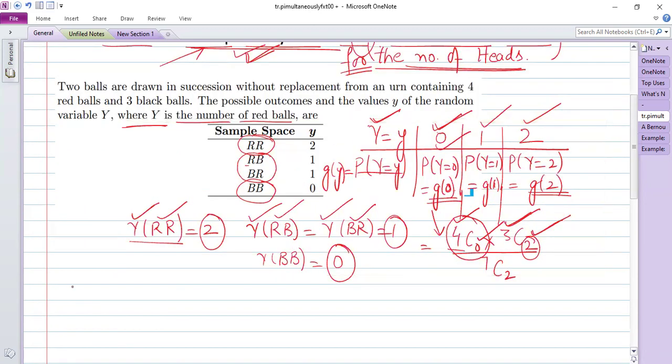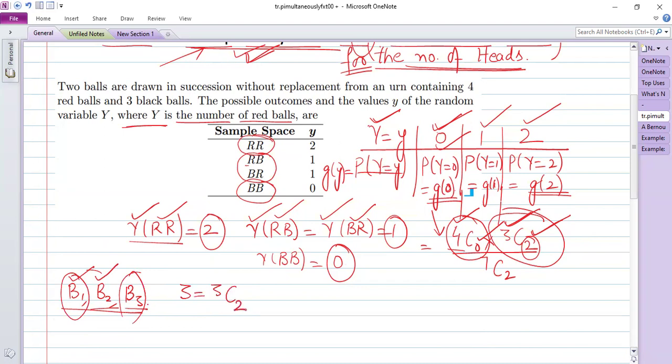Suppose we have B1, B2, and B3, the 3 black balls. The 2 black balls that we are selecting can be B1, B2, or B2, B3, or B1, B3. So in total there are 3 ways, and this 3 is nothing but 3C2.